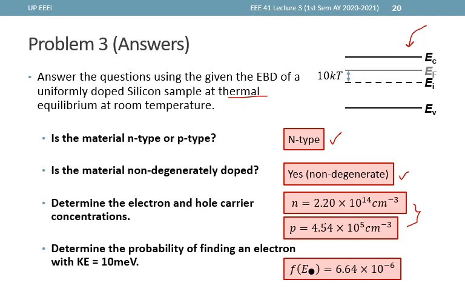And then we have also computed the probability of finding an electron with kinetic energy of 10 milli-electron volts. The key to this one is to identify first in the energy band diagram where the electron lies, and then use the Fermi function.